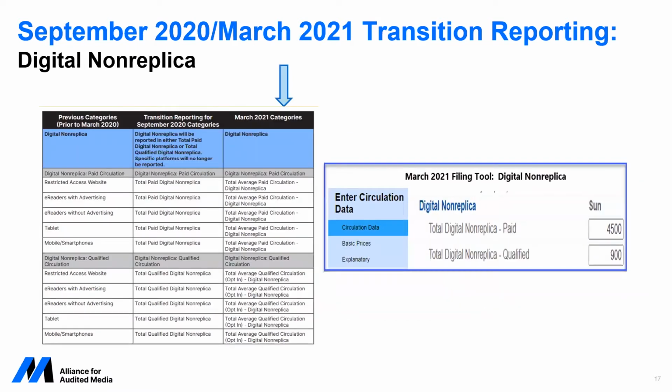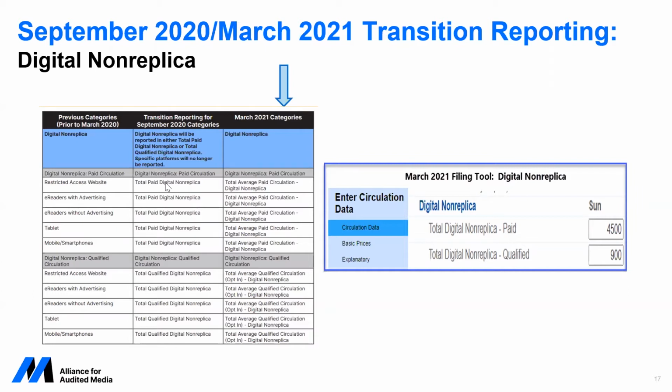This next slide refers to your digital non-replica. As you can see, back over a year ago in March of 2020, under paid digital non-replica, you had restricted access, website, e-readers, tablets, mobile smartphones. Same thing for digital non-replica qualified. All that got consolidated in September. So regardless of the platform, if you had any paid digital non-replica, you reported it in total digital non-replica.